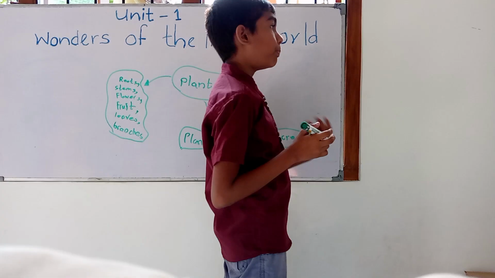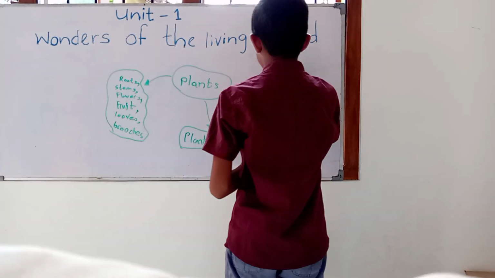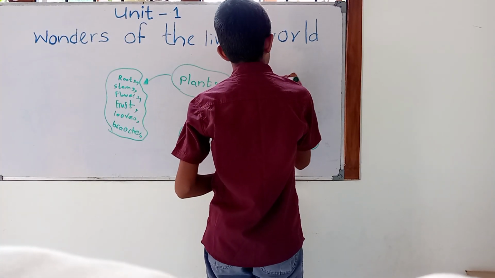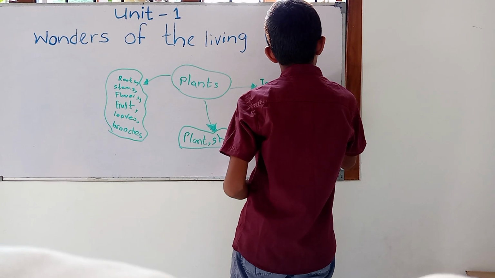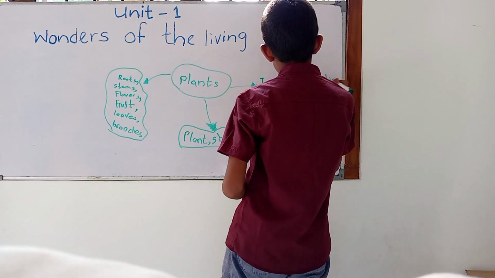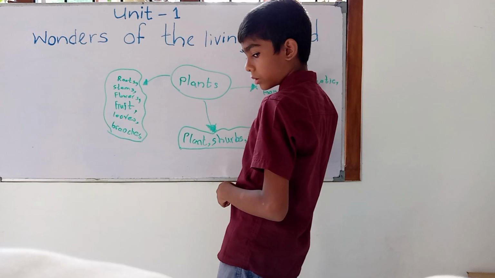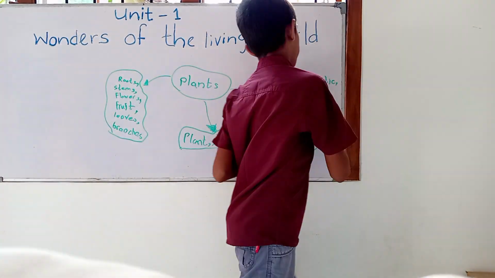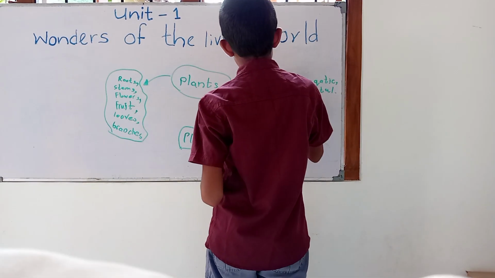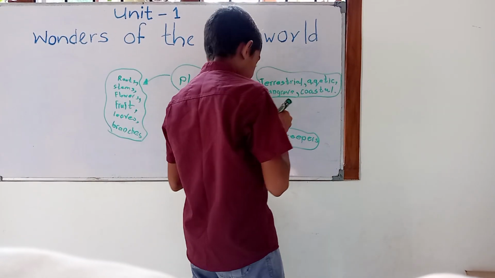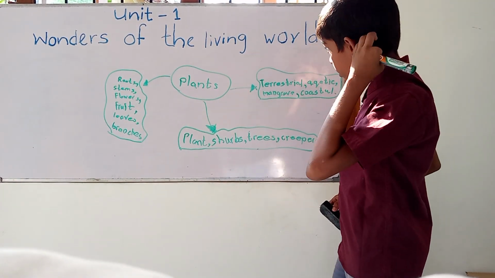Well, it is the place where animals or living organisms live, like terrestrial, aquatic, mangrove, or coastal. And that is it for plants.